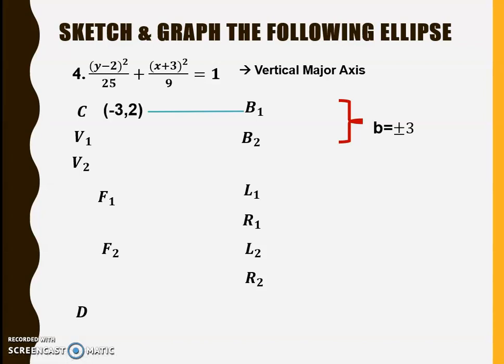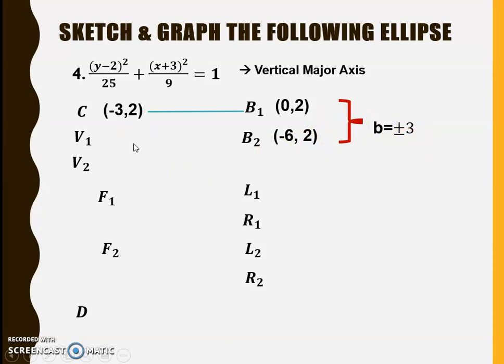The movement will be left and right, so there are changes in x. Therefore, 0, 2 and negative 6, 2. Remember, for the minor axis, the changes in x are for b.